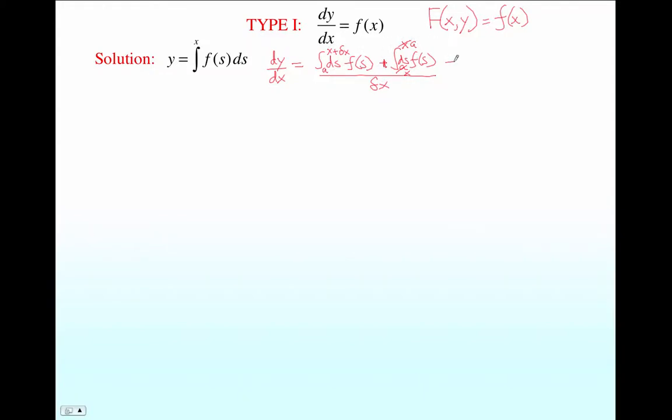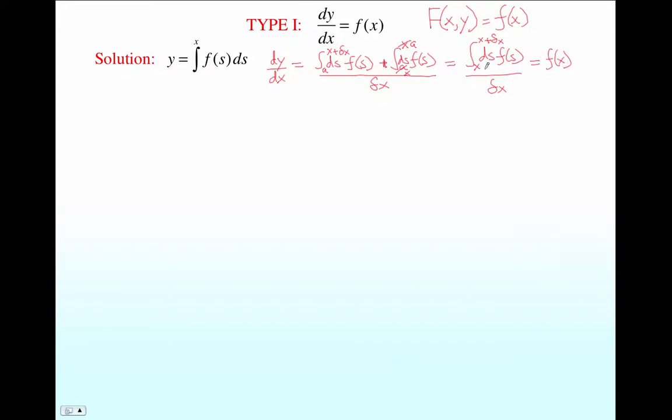Here we have now an integral x to a and then a to x plus delta x. We know from our study of integrals that that then is just this integral, and now as delta x gets smaller and smaller, this interval becomes smaller and smaller, which means f of s is very close to f of x, so we can take it outside.